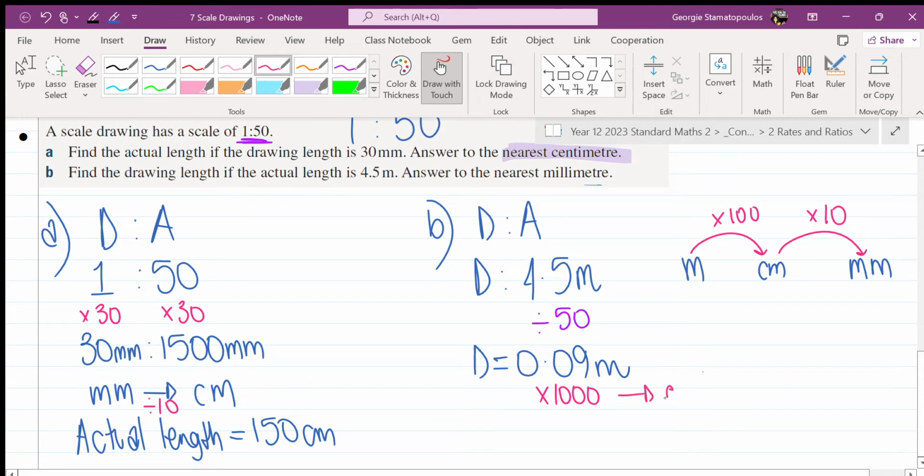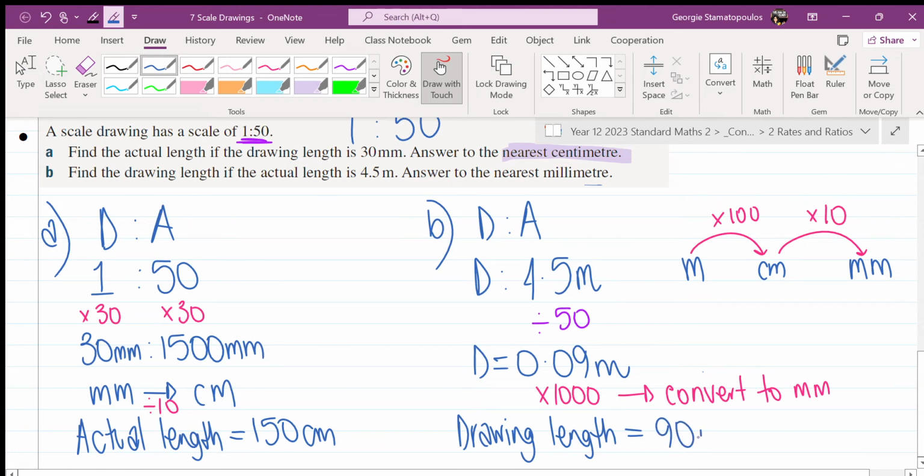I'll just write that this is to convert to millimetres. So the drawing length equals 90 millimetres. It makes sense: if you have 90 millimetres drawn on your little scale drawing, it represents 4.5 metres in real life.